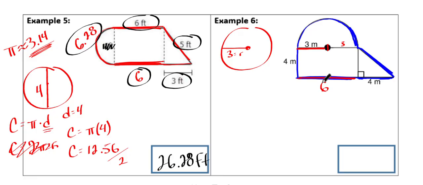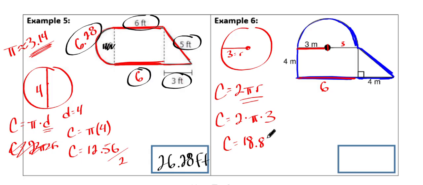All right, as long as I'm talking about the circle, let's use that to find the top half of this circle. So I'm going to use 2 pi r here. I'm using this one because I'm given the radius. So 2 times pi times 3. That's 18.84. That's the full circumference of a circle.